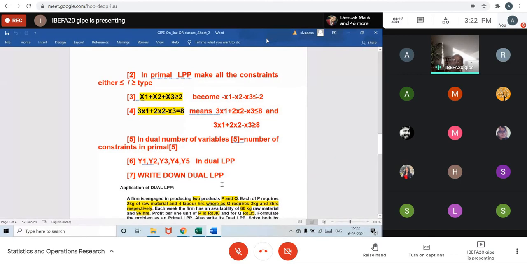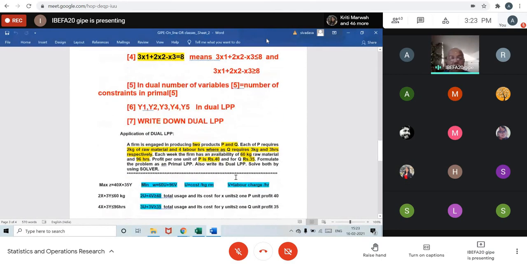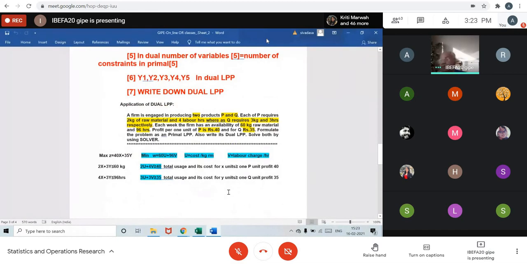Shall I go to a very interesting example? All of you understood the rule of dual LPP? Okay. Yes, sir. Now I am going for an example which we already discussed in the very beginning. Let me repeat it.